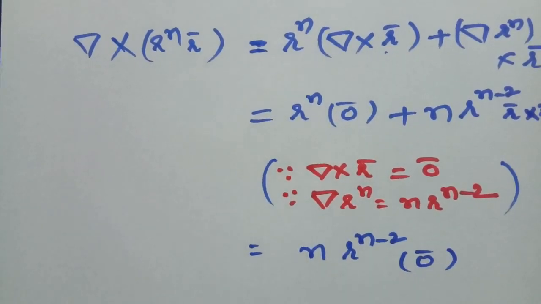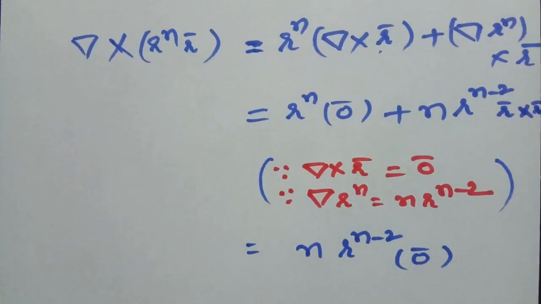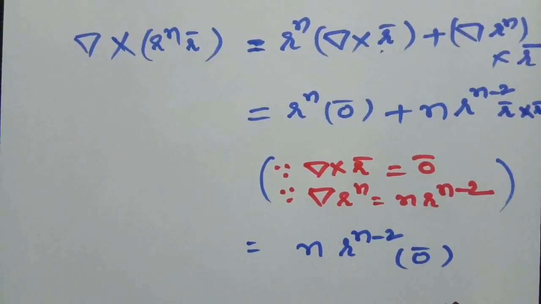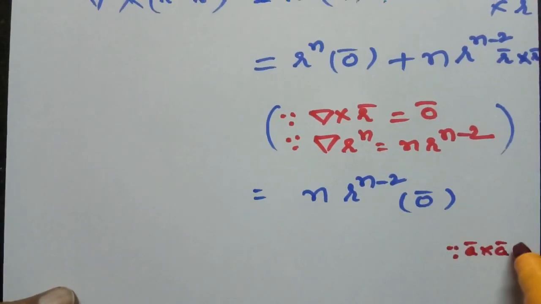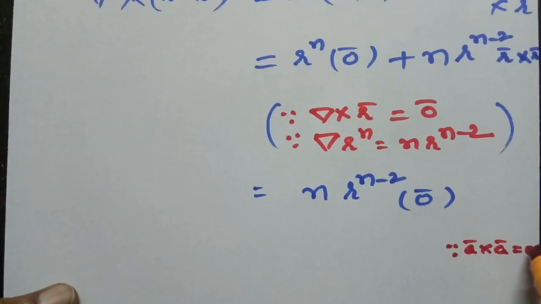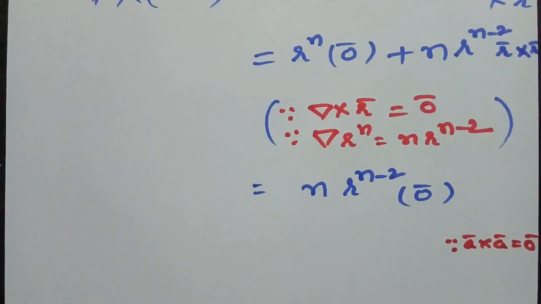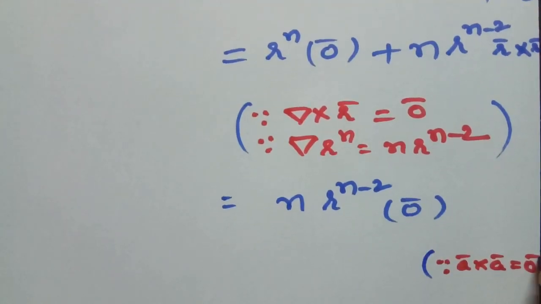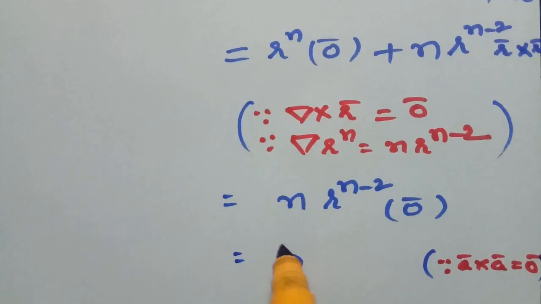Since the cross product of a vector with itself is equal to 0 bar, this is equal to 0 bar.